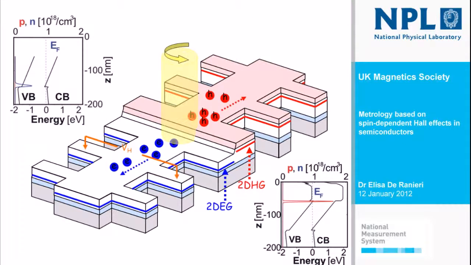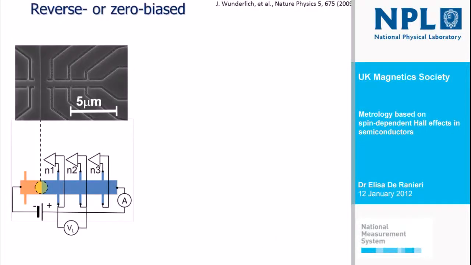And this is what they exploit, because you can shine light on the junction, and if this light is circularly polarized, you can have injection of spin polarized electrons that, when the structure is in reverse bias, move in the two-dimensional electron gas. So what they observed is that, so this is the whole bar, and you can measure the transverse signal of interest at several crosses along the channel.